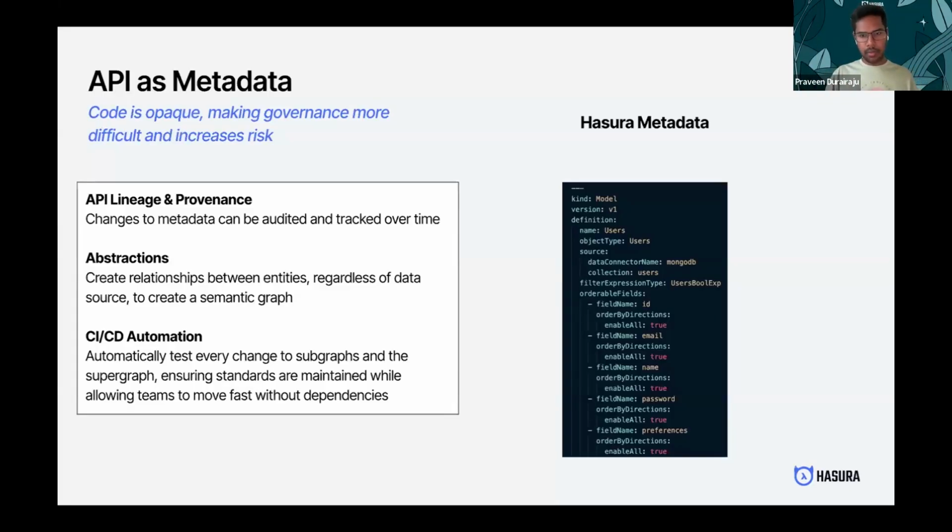The next benefit of having a metadata-driven workflow is, obviously, a CI/CD pipeline, where you're automating all of the workflows with this configuration, right? You're able to now test every change to subgraphs and the supergraph.